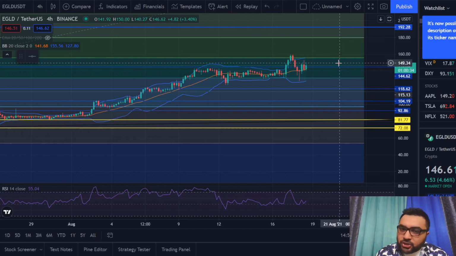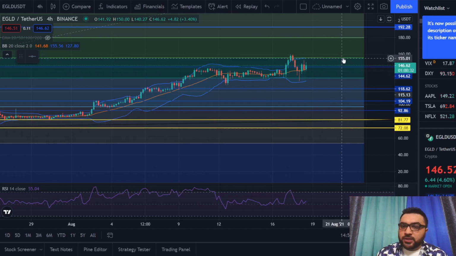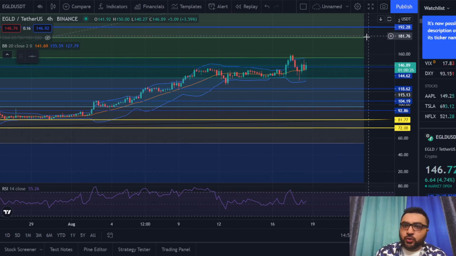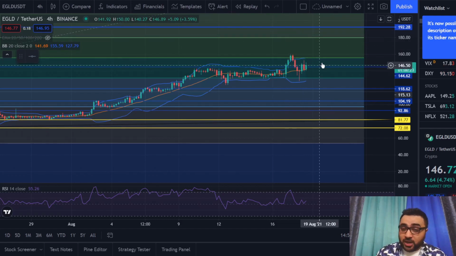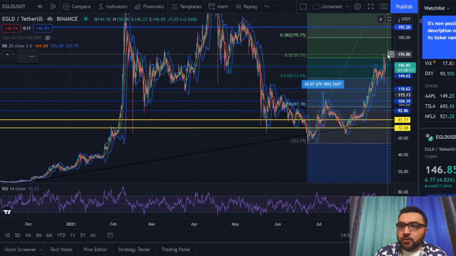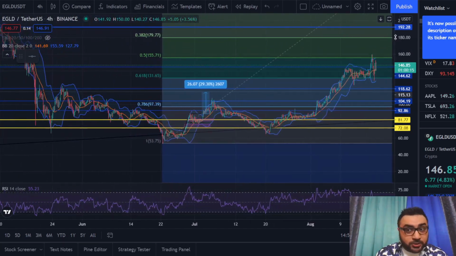If it manages to break out of this 155, which it actually did but could not sustain, we could see as high as 192, which skips one Fibonacci retracement, but this actually goes back to a lot of candles that happened previously. So $192 could be in the books.